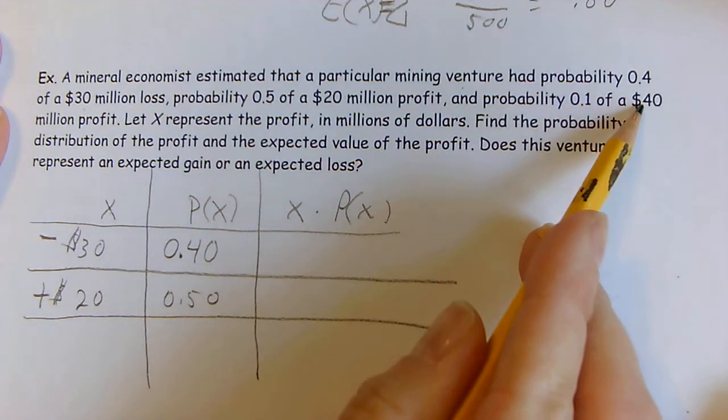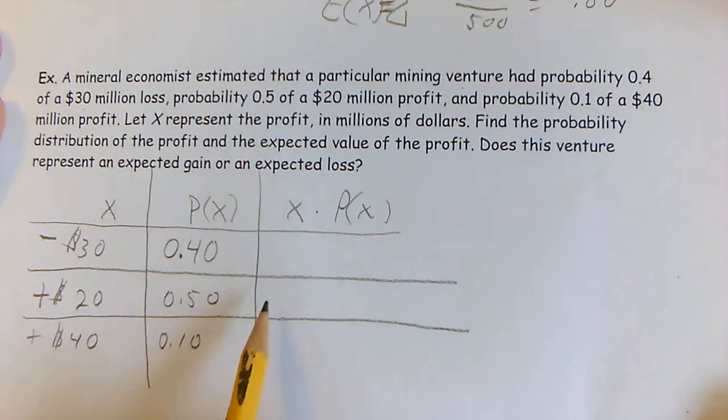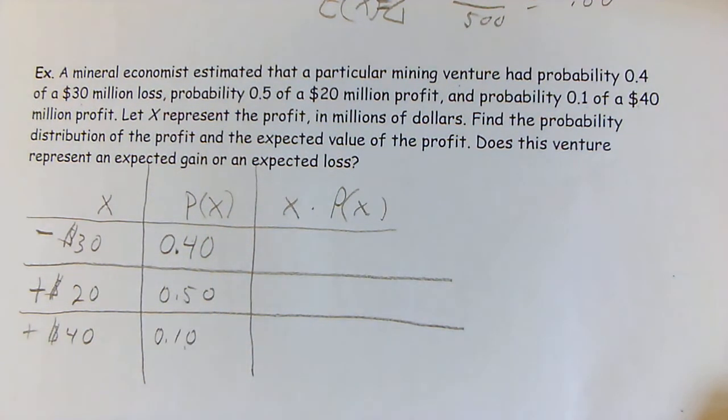And a 10% chance of a $40 million profit. So 90, 100, so this is 100%. It adds up to a whole.